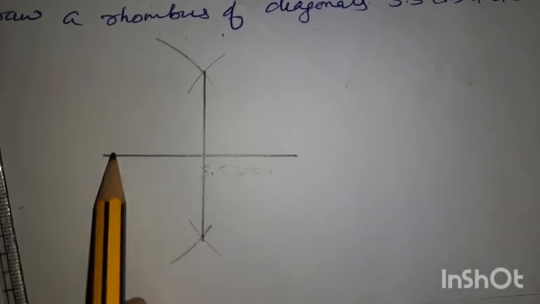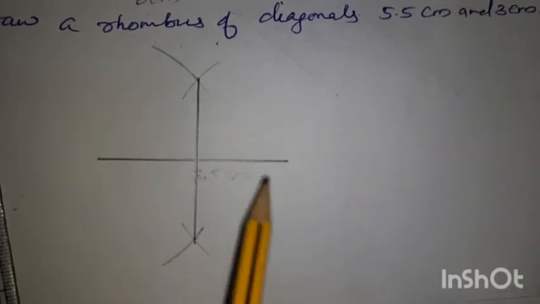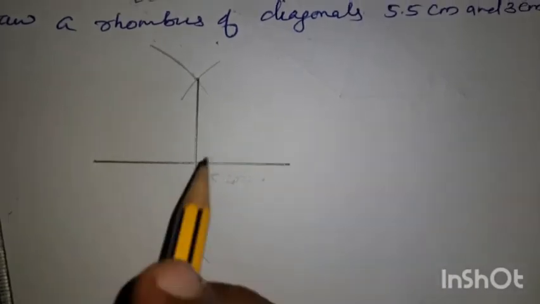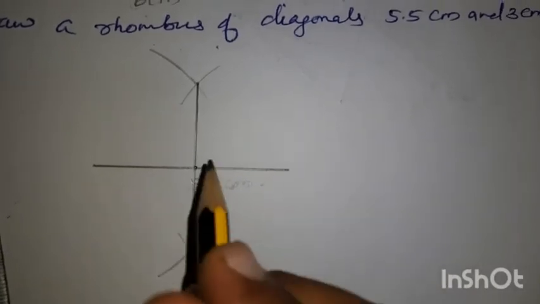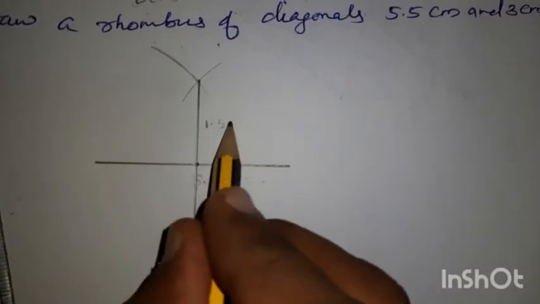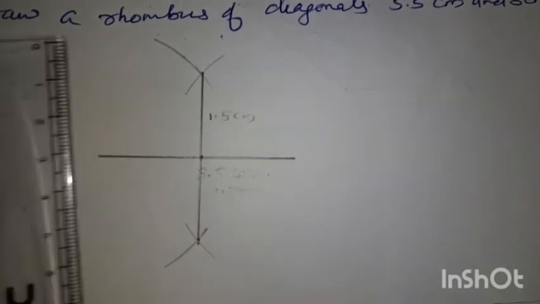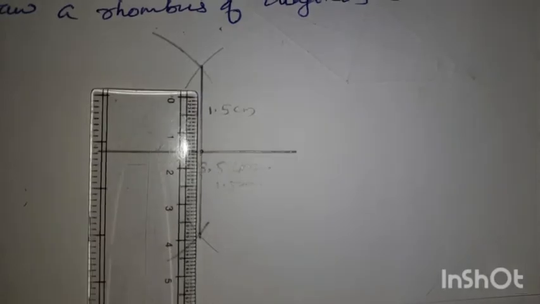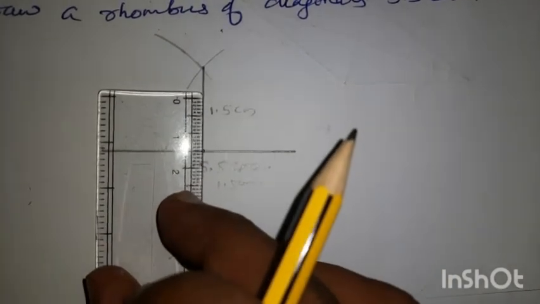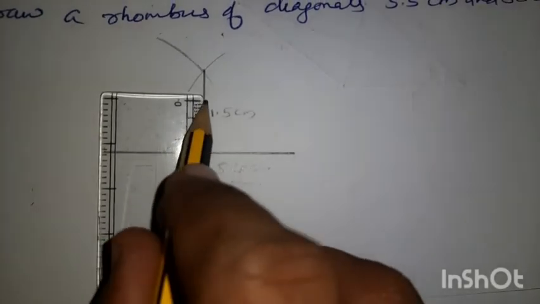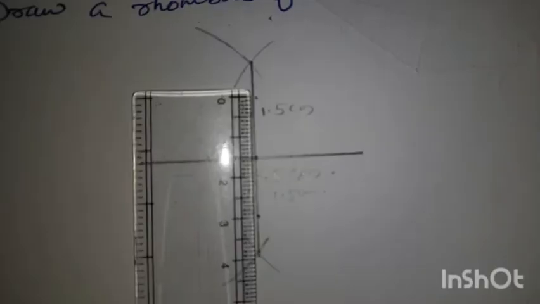So you get like this. Then one of our diagonals is 5.5. The next one is 3 centimeter. So from the midpoint, you have to take 1.5 centimeter on both sides. So together it is 3 centimeter. So 1.5 you have to mark it. This point. So mark 1.5 from both ends, upper end and lower end.